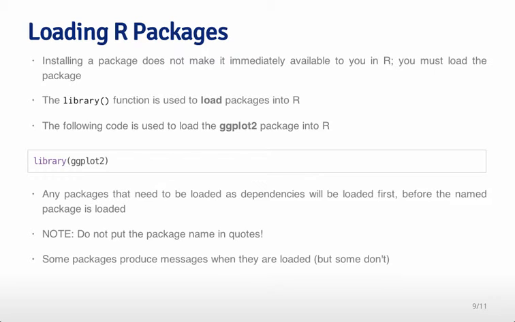All dependencies will be loaded first. So for example, if you're missing some dependency, then you won't be able to load that package. An important note here is that you should not put the package names in quotes when you're using library, otherwise you won't get correct loading.